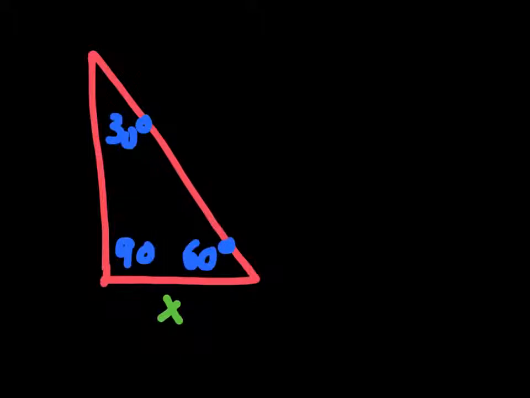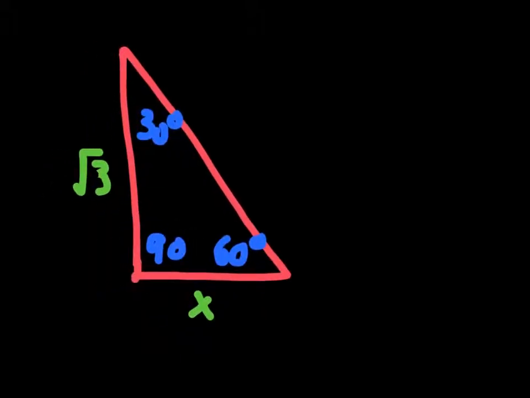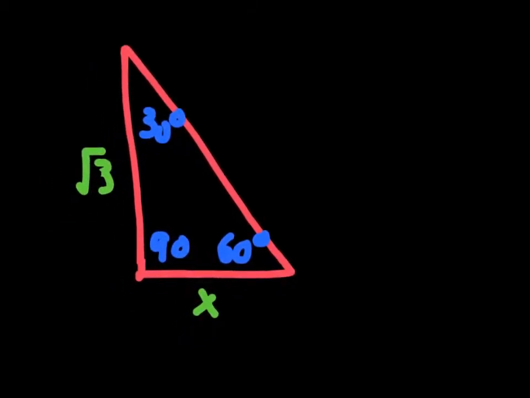The 90-30 degree line gives us the square root of 3 times x, and the 60-30, meaning the hypotenuse, is 2 times x.